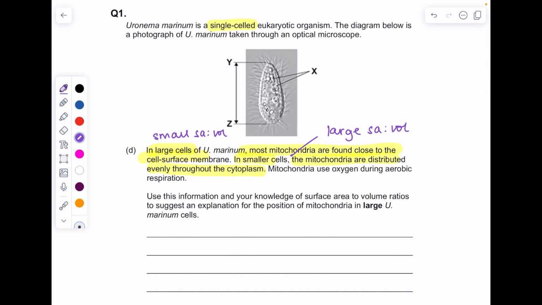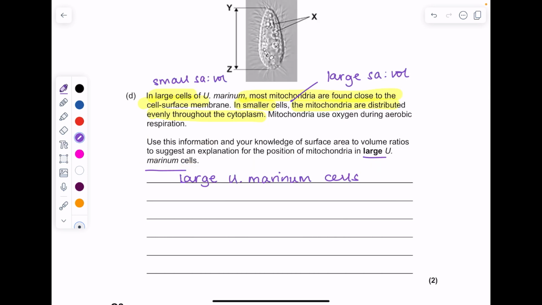Use this information and your knowledge of surface area to volume ratios to suggest an explanation for the position of mitochondria in large U. marinum cells. So first up, I'm going to say large U. marinum cells have smaller surface area to volume ratios.